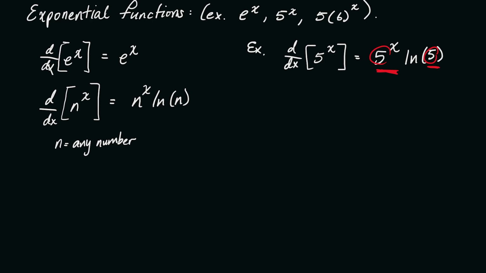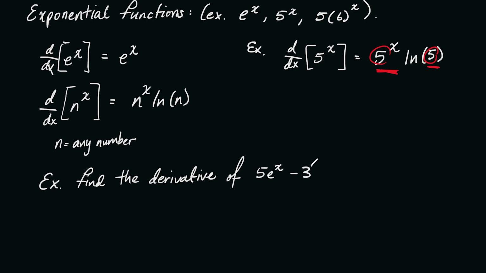Alright, so next, let's try an example on your own by using these rules that we have here. Let's say you have to find the derivative of 5 to the e of x minus 3 to the x power.